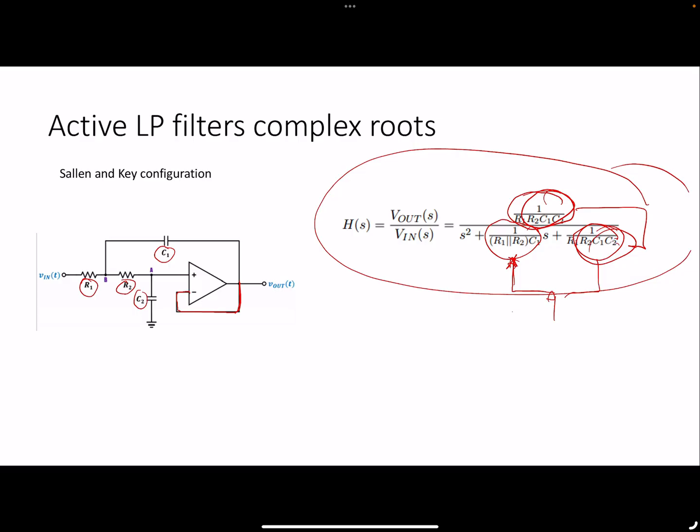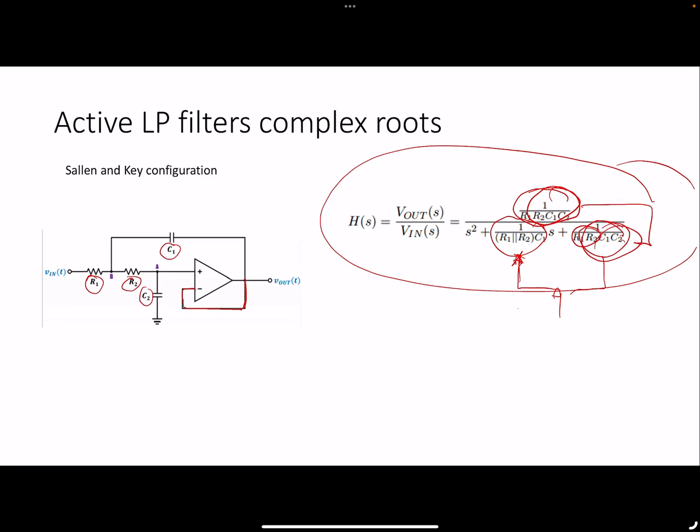So you just pick any capacitance 1, any capacitance 2. Once you pick those 2, then you have to choose R1 and R2 so that they satisfy whatever coefficients you need. Or you could pick R1 and R2 and then choose C1 and C2 so that you get what you need. So that's basically it.